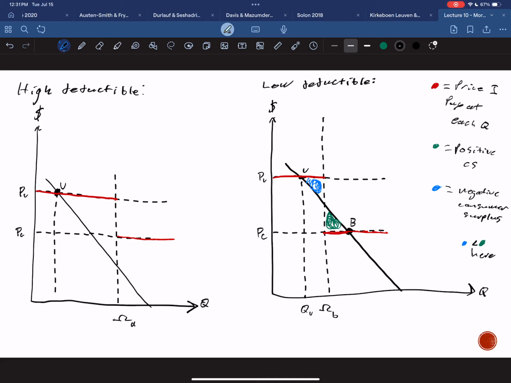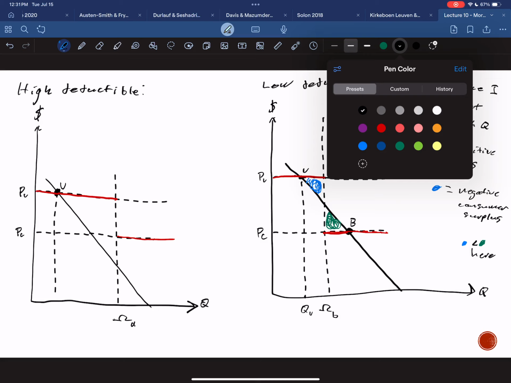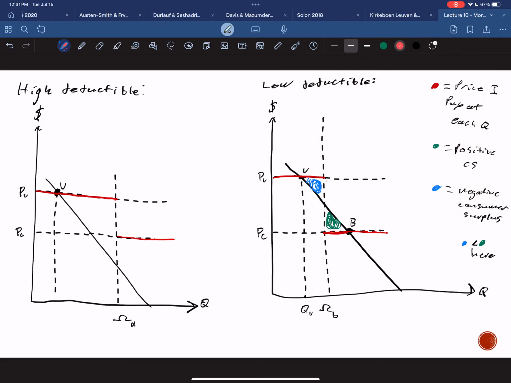What does the social loss look like? Well, the social loss is, and we'll do social loss in orange here since I already used red, or maybe a slightly different color red. Now we have social loss just here.